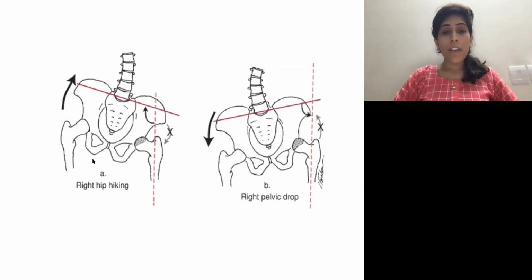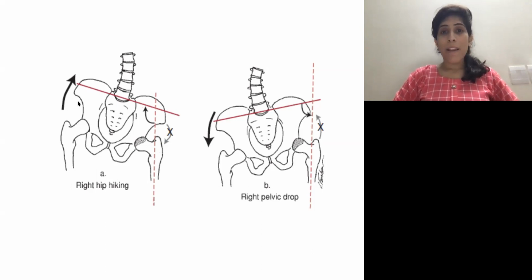If I say right hip hiking, that means your right side hip joint is non-weight bearing. Okay. So here our right extremity is not in contact with the ground and the full weight is taken by the left extremity.